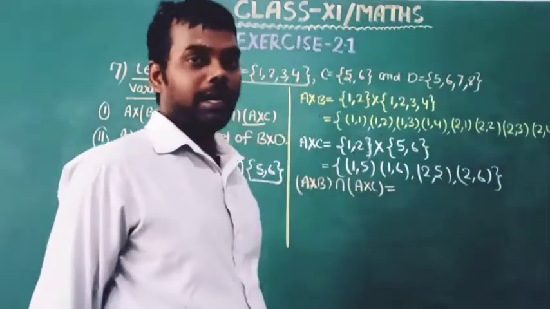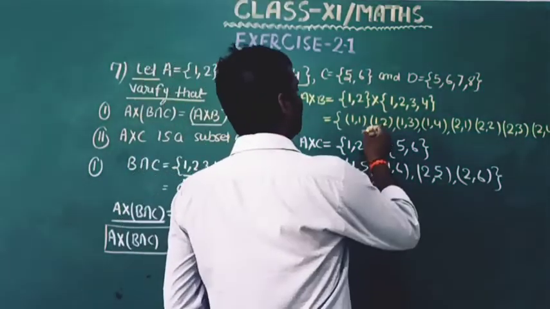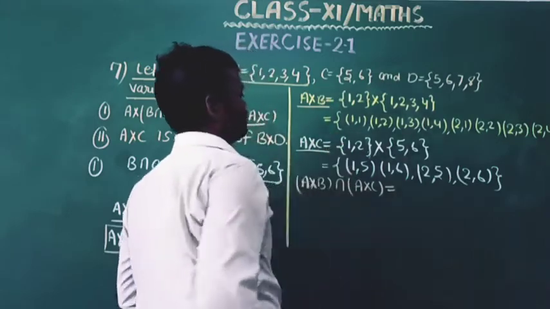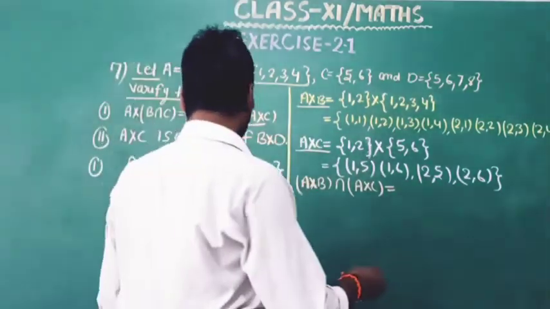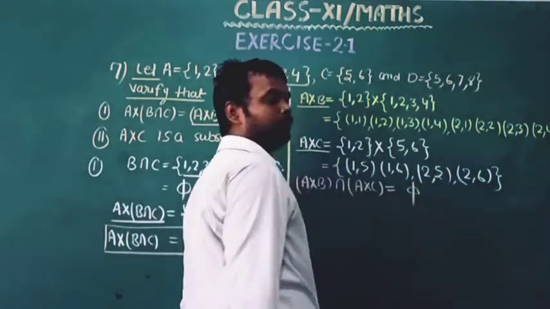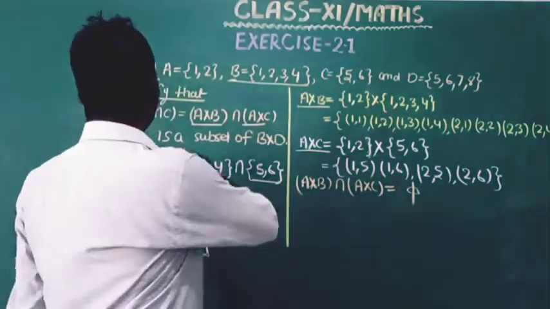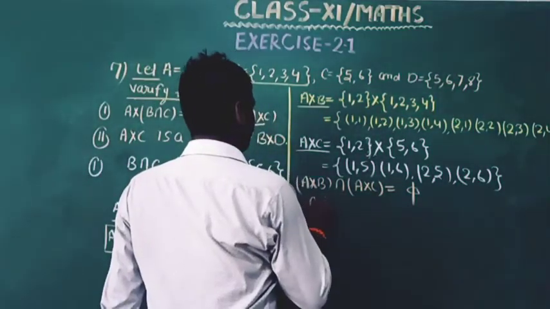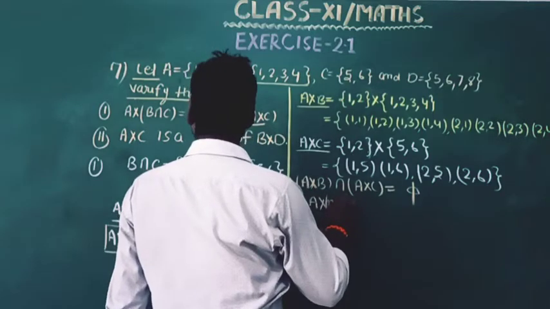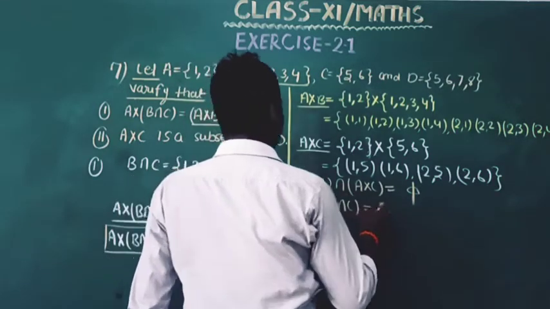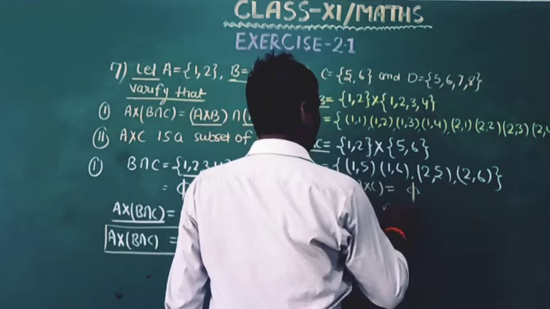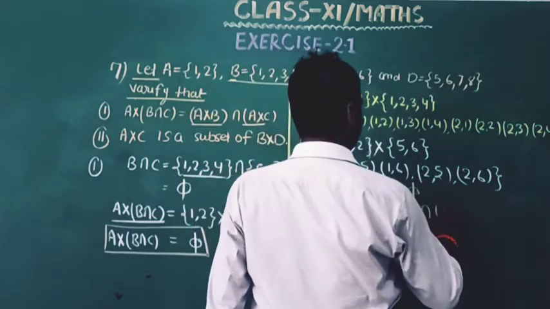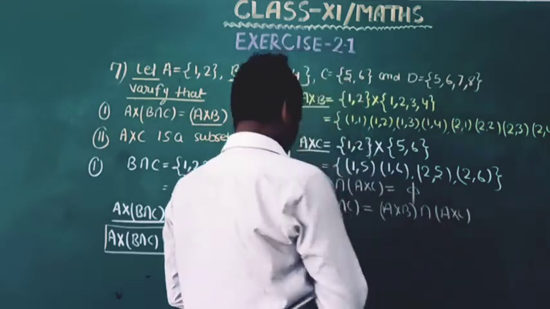So here we find no ordered pair common in both sets A cross B and A cross C, so this is also the null set. So we have verified the first part, that A cross (B intersection C) equals (A cross B) intersection (A cross C).